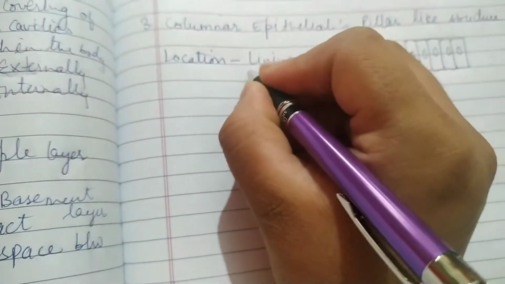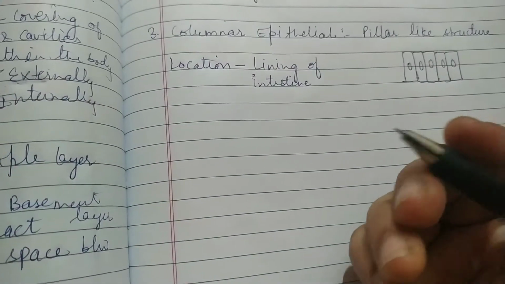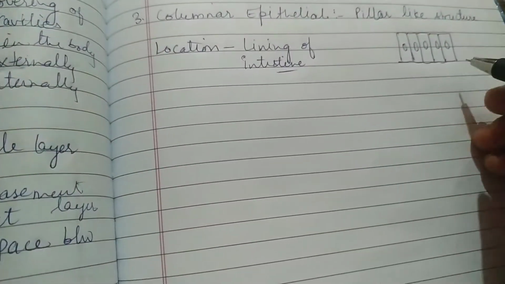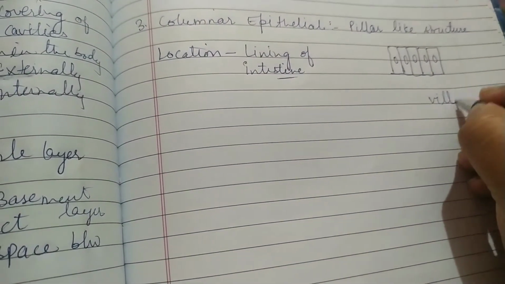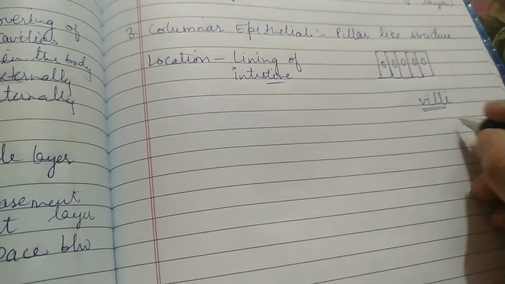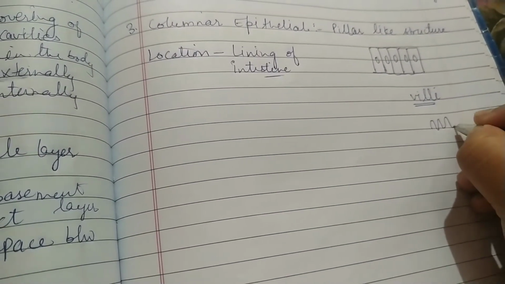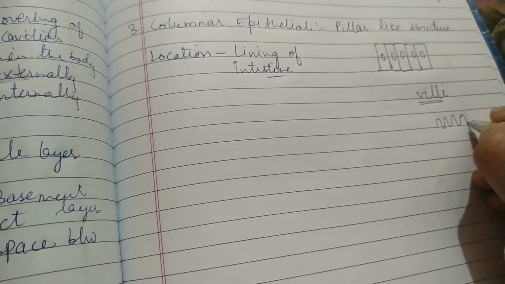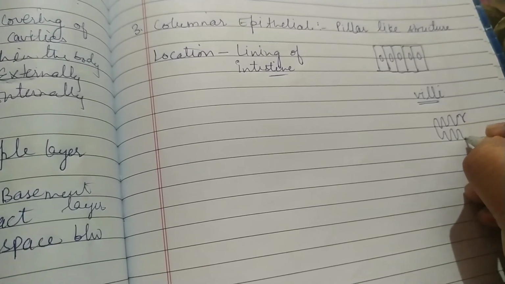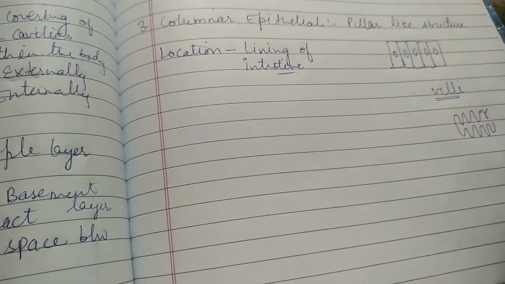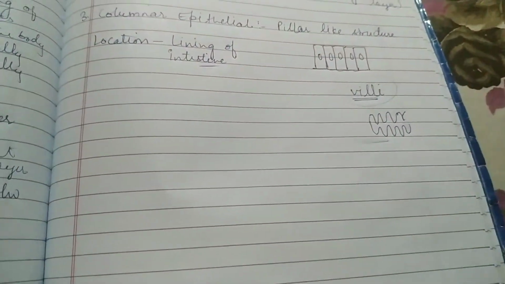So what is the work there? For absorption, you know, in the lining of the intestine there are small villi-like structures found. What are those? Those are finger-like structures. There are various finger-like structures like this, found in the small intestine.